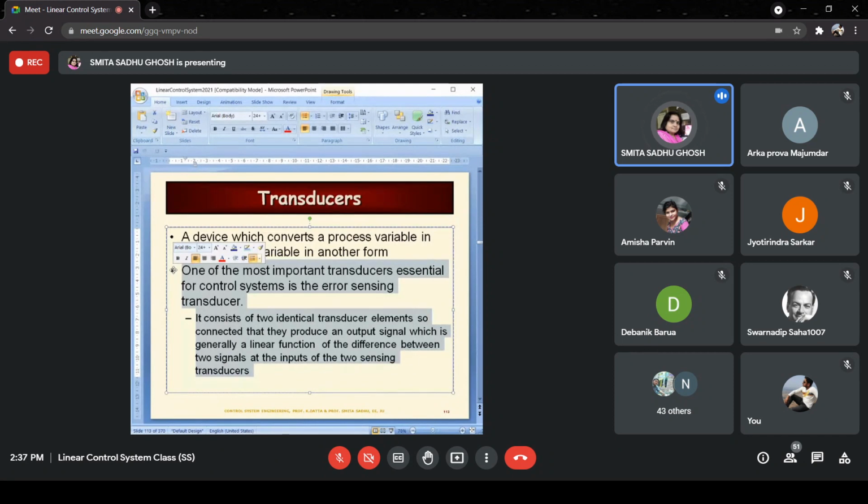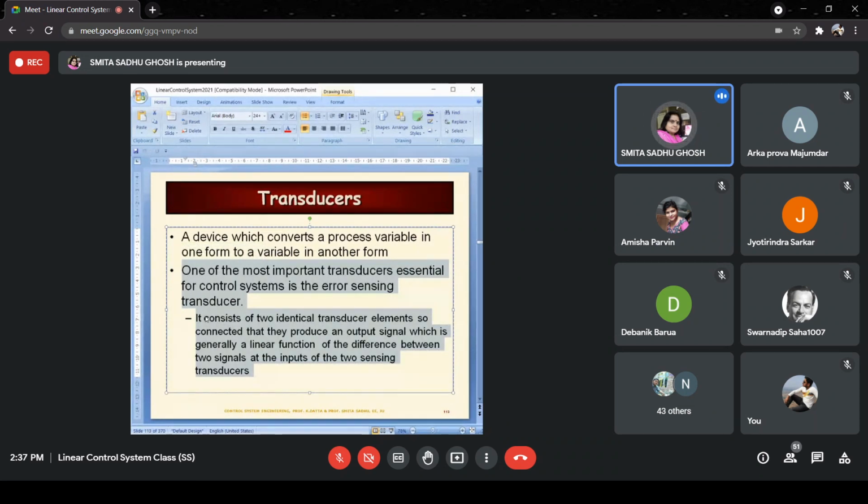So naturally, some physical component would have to be used such that error detection or error sensing is done. The error sensing transducer is one of the most common transducers used in control systems because we need to compute the difference between two signals and then generate an equivalent signal which is going to drive the plant.